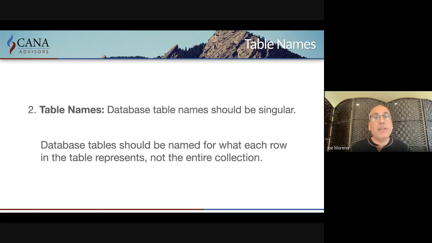Table names: when you name tables in a database, the name of the tables almost always should be singular, right? Because you're identifying what a single row in a database table represents. So if you have a list of employees, the database table for that should be employee.